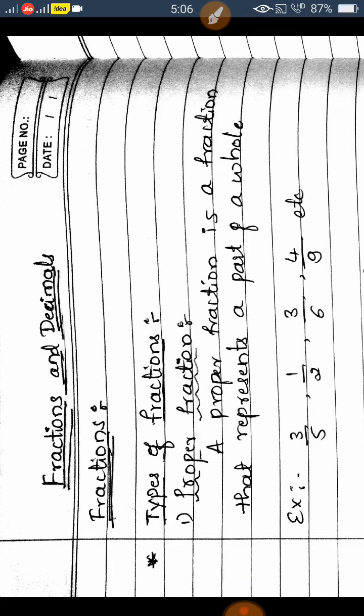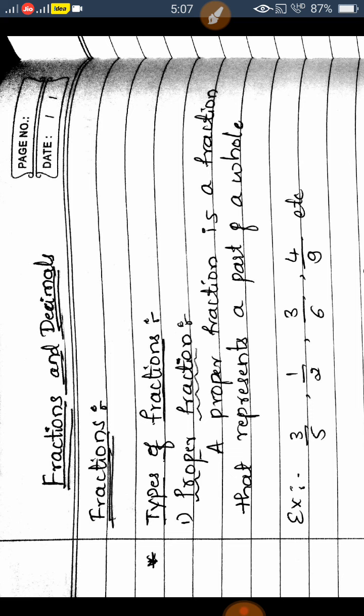See here, in fractions and decimals you have already learned about the types of fractions, the conversion of mixed fractions to improper fractions and improper to mixed fractions, and also addition of fractions, subtraction of fractions, and equivalent fractions, isn't it?